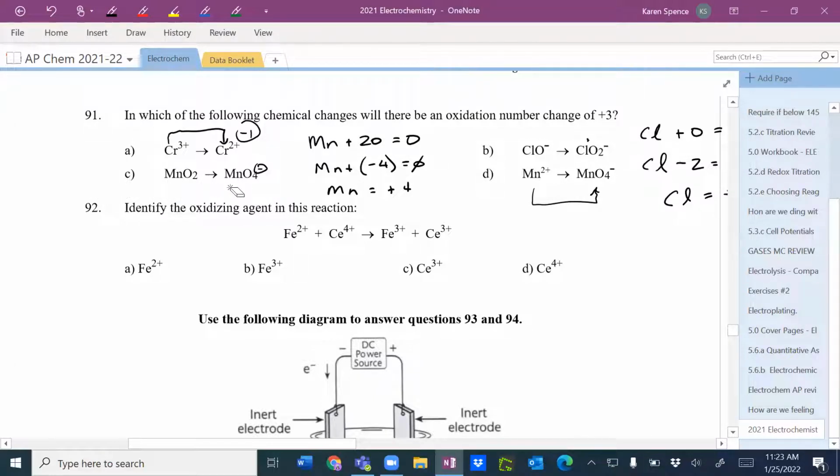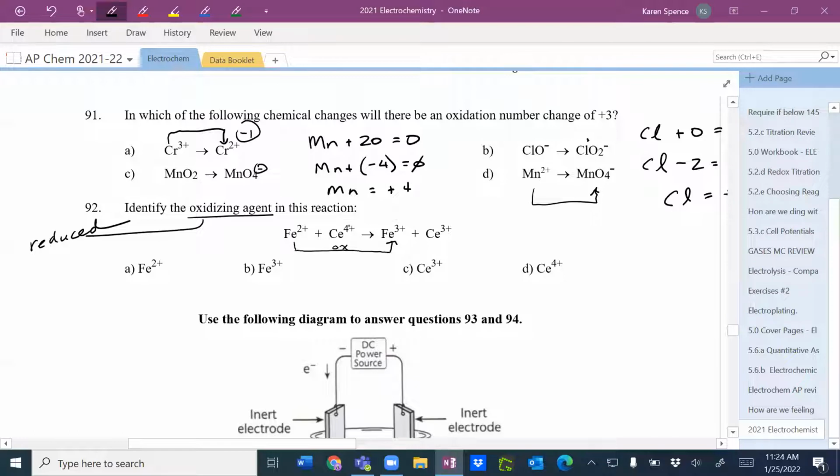Identify the oxidizing agent in this reaction. When you're asked to identify the oxidizing agent, you're going to assume that you're looking in the reactants, okay? So the oxidizing agent gets reduced. And we go from, let's see, iron lost electrons. So it is being oxidized.